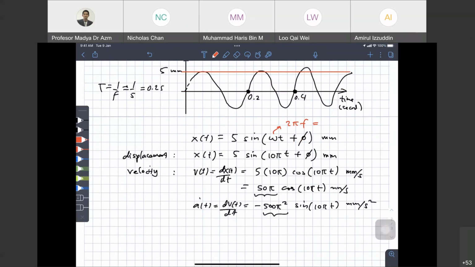So you have acceleration, you want to go back to velocity, you have to integrate. The analyzer inside your machine will do the integral, and then you get the information of the velocity.